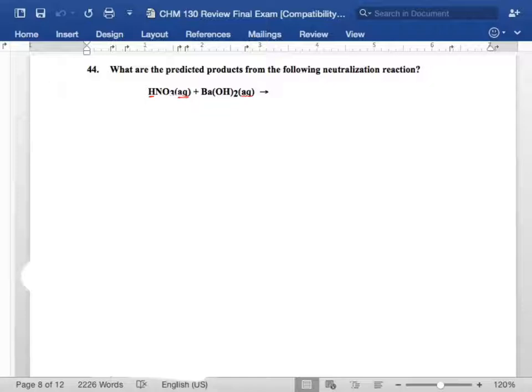Which means I have H plus and NO3 minus. How about the next one? What do I have? I have a base composed of barium plus 2 and hydroxide.